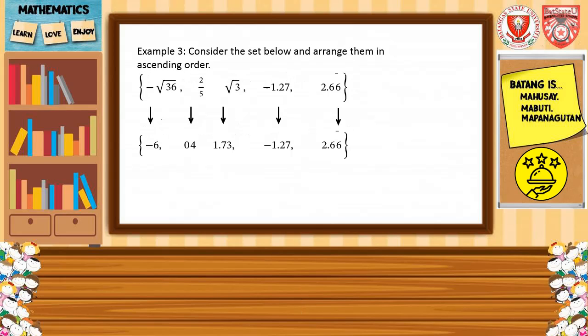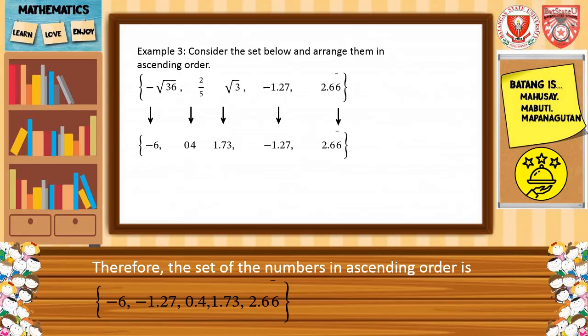3.46. Example number 3. Consider the set below and arrange them in ascending order: negative the square root of 36, 2/5, the square root of 3, -1.27, 2.66. In decimal form: -6, 0.4, 1.73, -1.27, 2.66.